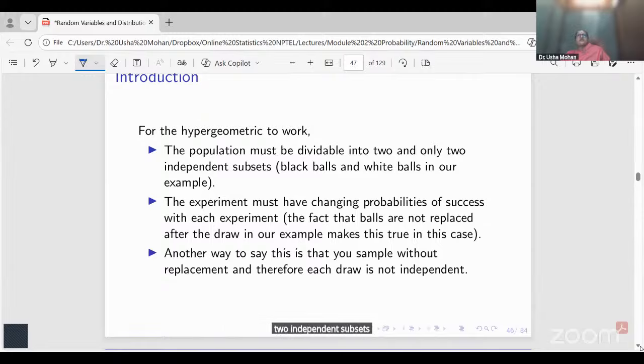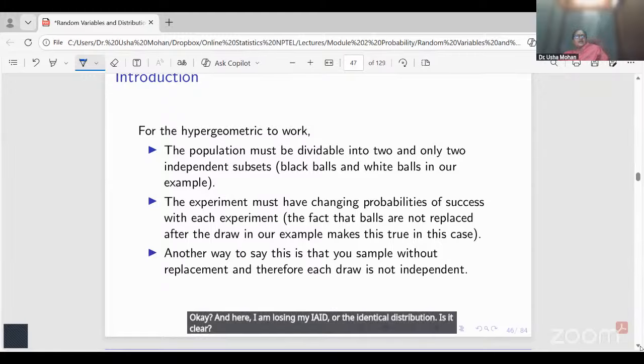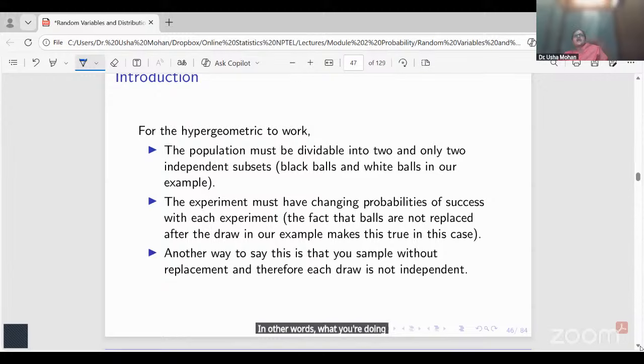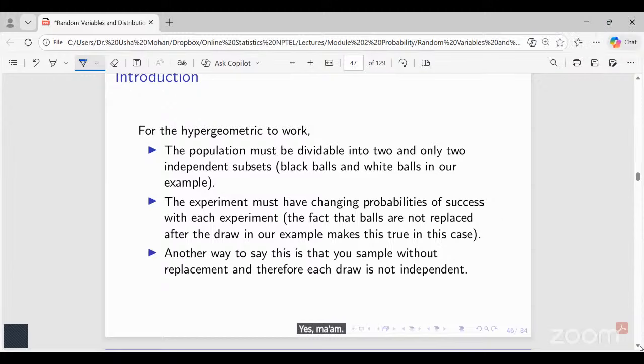In the example that we saw it was black and white. And here I am losing my IID, the identical distribution. In other words, what you're doing here is you're sampling without replacement. Till here, is it clear?